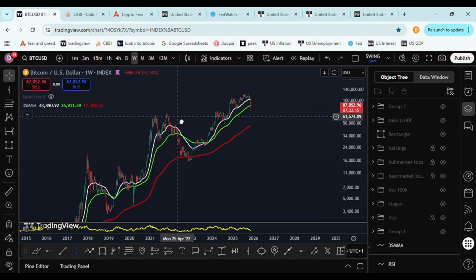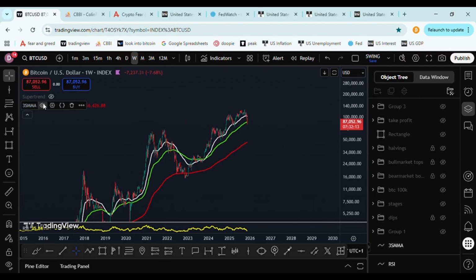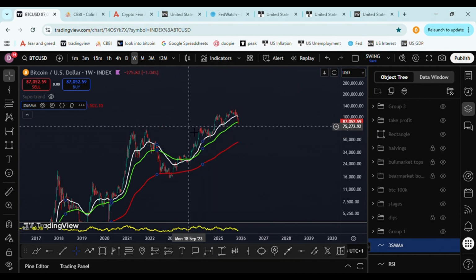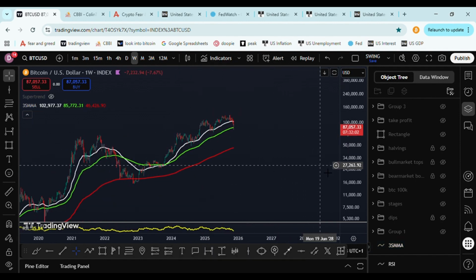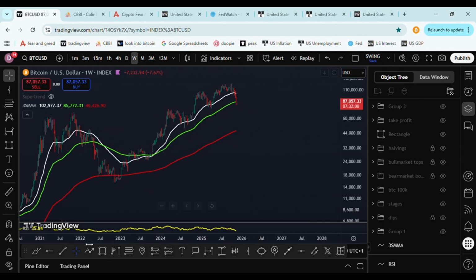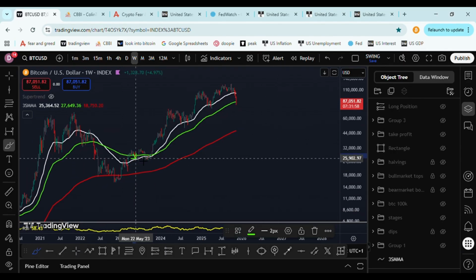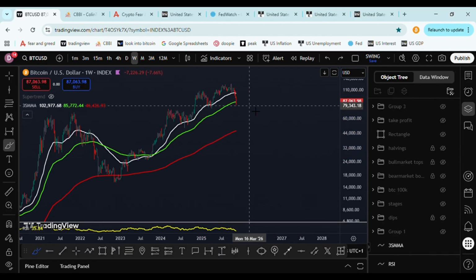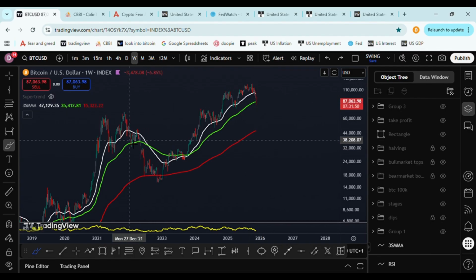Let me check one thing. No worries. I think the white line is the 50 MA, and in the bull market we see that 50 MA is normally support. Right now we broke below it, so that's also one confirmation that the bear market is starting.